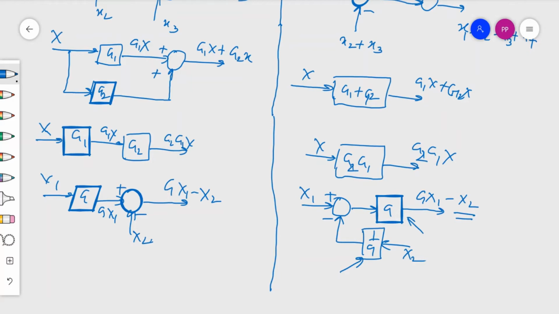So this is G X1 minus X2. So both the diagrams are equivalent.